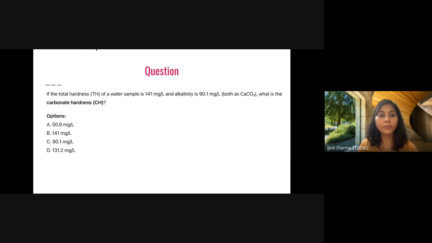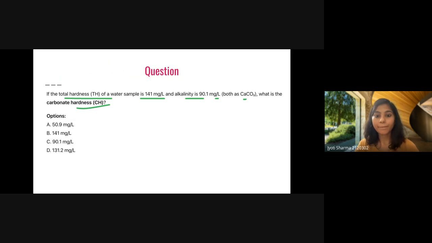Okay, coming to the next question: if the total hardness is 141 mg per liter and alkalinity is 90 mg per liter, and both are as CaCO3, can you calculate the carbonate hardness? Very simple, based on just one concept, not any calculation.